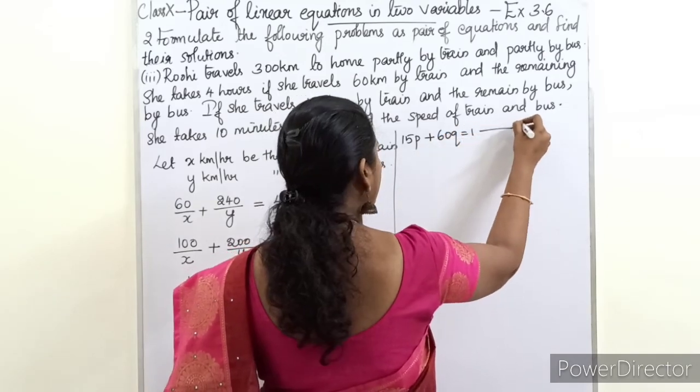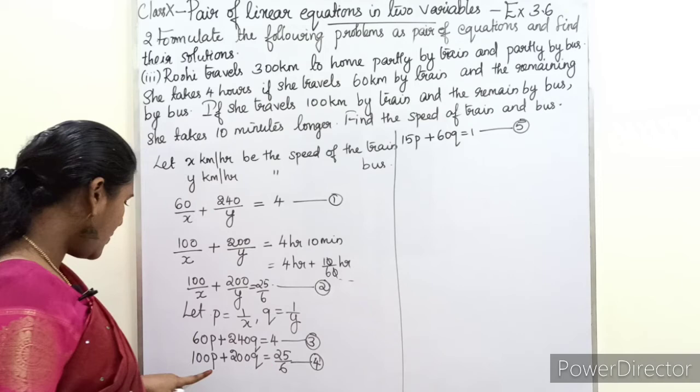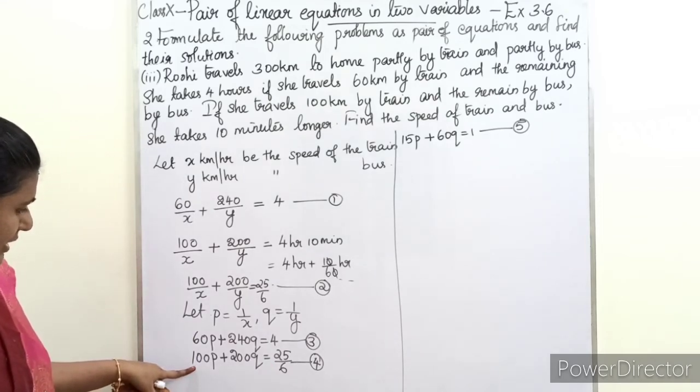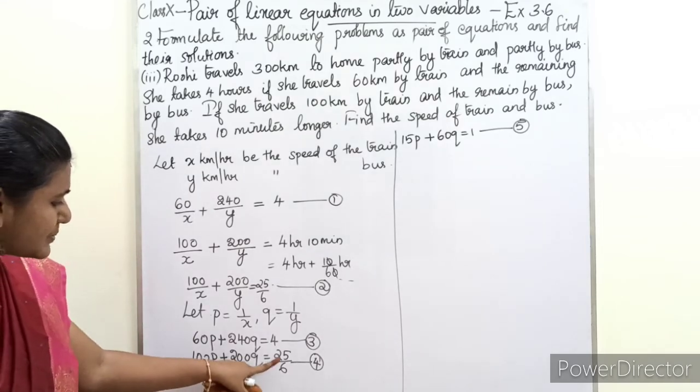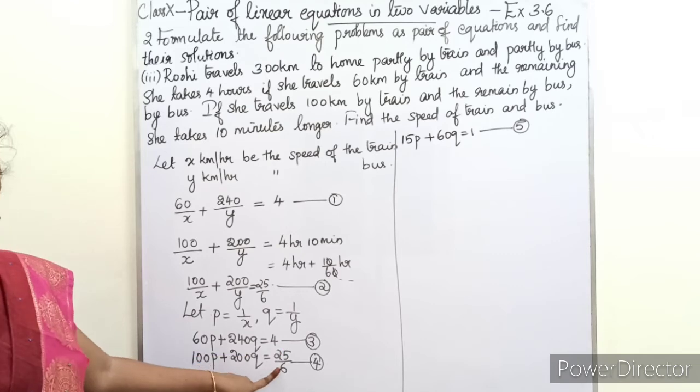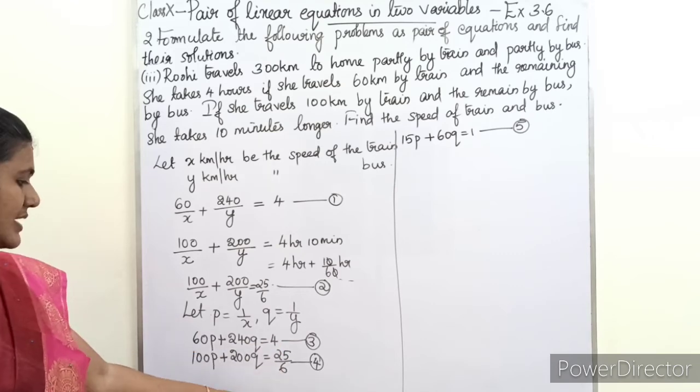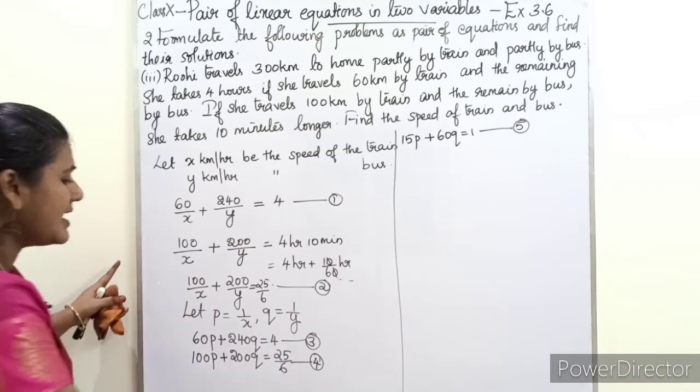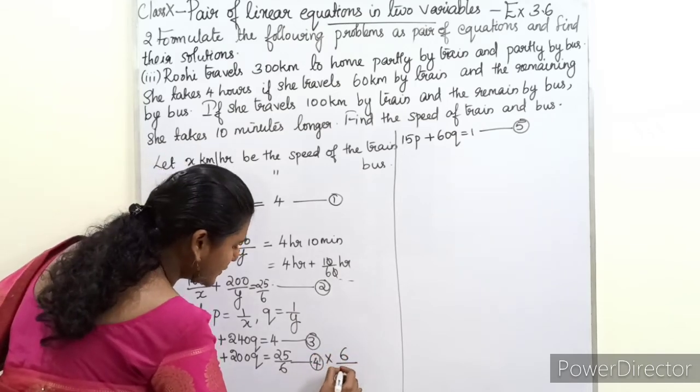This is the fifth equation, and the second equation I am going to multiply by 6 by 25 because here we have the constant as a fraction. So I am going to multiply the fourth equation by 6 by 25.